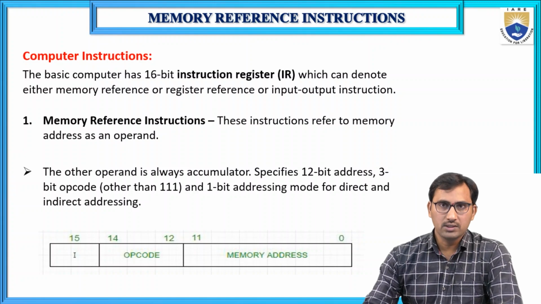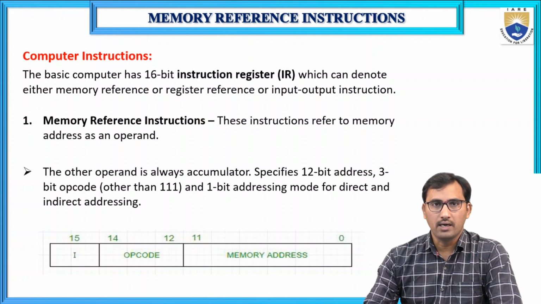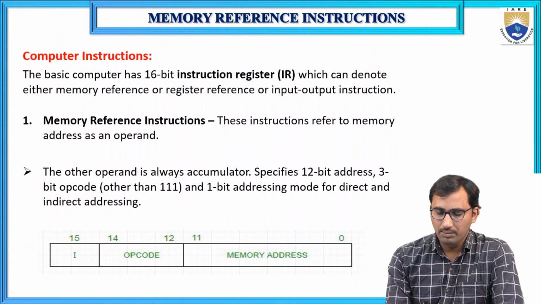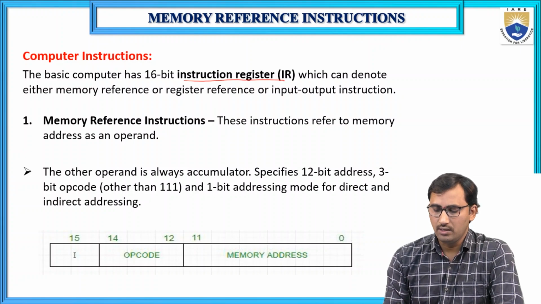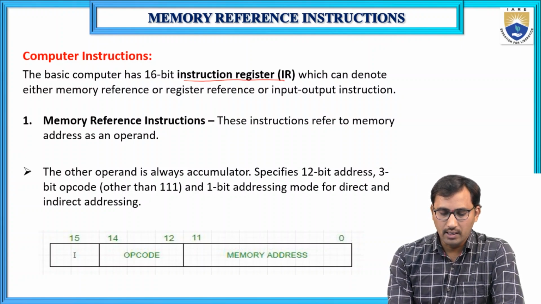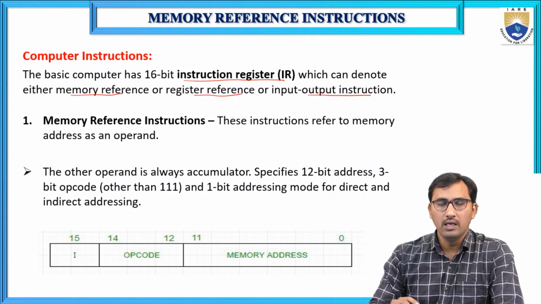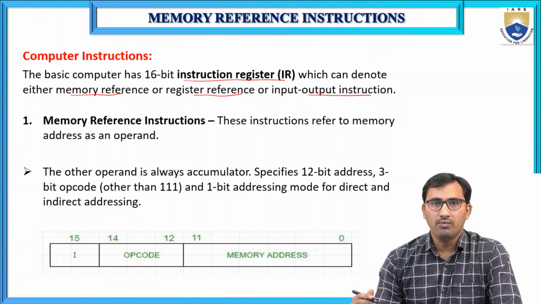These instructions are classified into different categories. The basic computer has a 16-bit instruction register, which can denote either a memory reference, register reference, or input or output instruction. When you write any program, the program is stored in the memory.